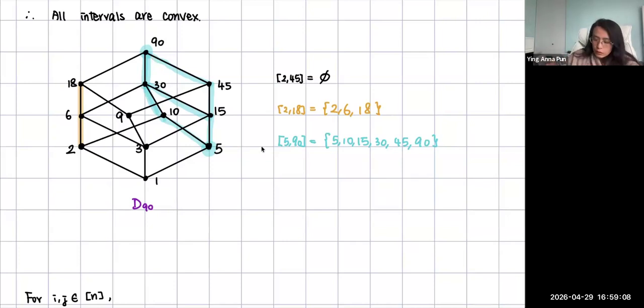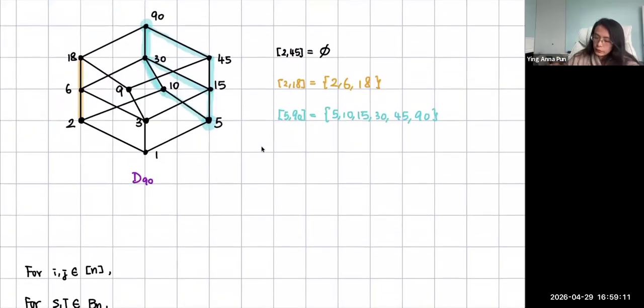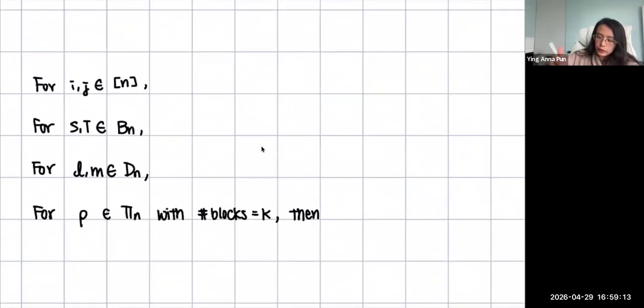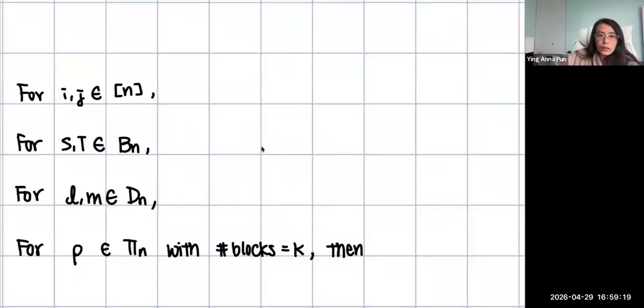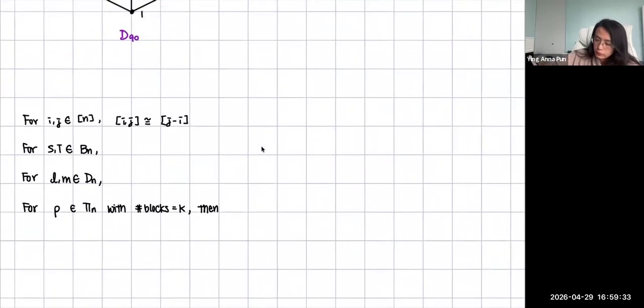All right. How about the other examples that we have? For example, if you have a chain 1 up to n, and I want to find the interval from i to j, it's the same as a chain of j minus i plus 1 elements. Say for example, I have 1 up to 100, and I ask you what is the interval of 4 and 15?